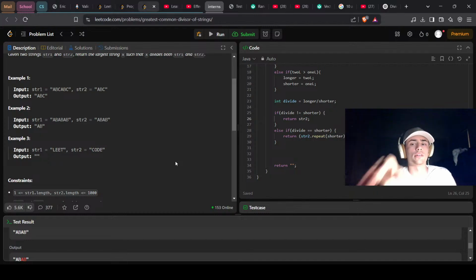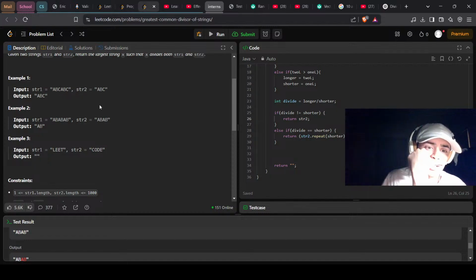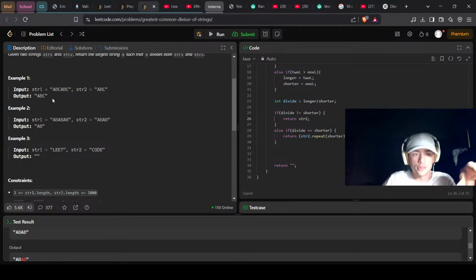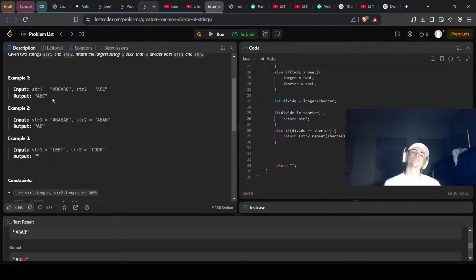Wait, if divide is shorter. So we divide these and you get 2. And 2 equals. If you divide it, that's how many times it goes into it. Both of them now. Let's just divide 1.